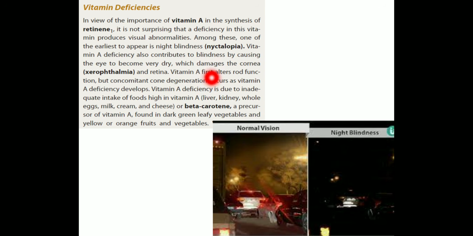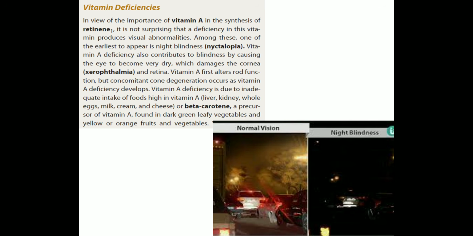What is important here is that vitamin A deficiency first alters the rod functions, and then concomitant cone degeneration occurs as the deficiency develops. Why does vitamin A deficiency occur? It occurs due to inadequate food intake, meaning foods not high in vitamin A, that is liver, kidney, whole eggs, milk, cream, cheese, or beta carotene precursors.